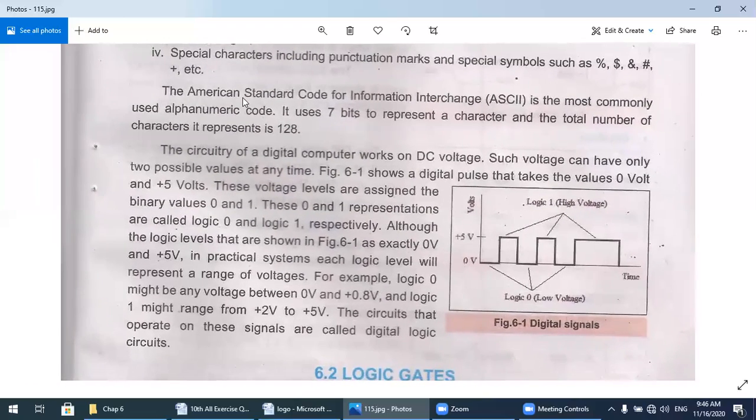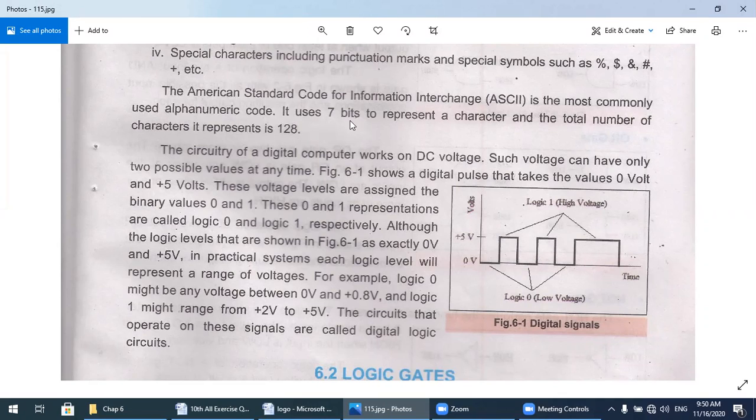The American Standard Code for Information Interchange, ASCII, is the most commonly used alphanumeric code.